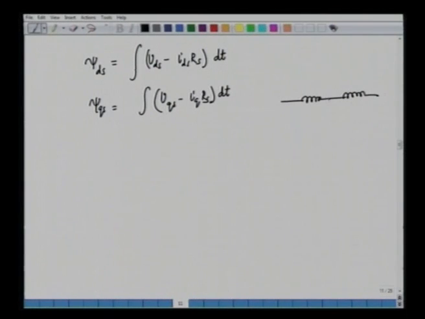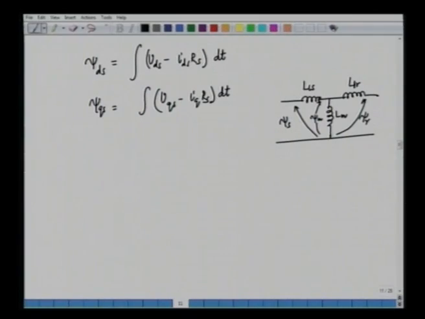As we have already seen, in case of a machine, if we only represent the inductance part, this is the stator leakage inductance, this is the rotor leakage inductance, and this one is the magnetizing inductance of our induction machine per phase circuit, and this one is the stator flux. We can call this psi s, and the flux linking the magnetizing inductance is called the magnetizing flux or the air gap flux, and the flux linking the rotor is the rotor flux, that is psi r.